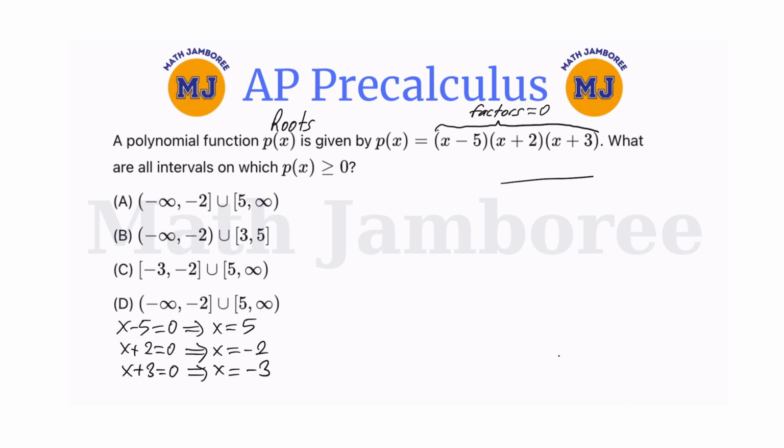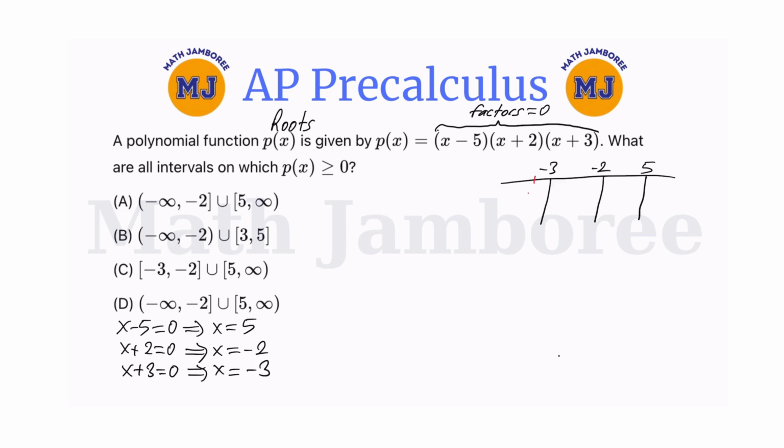So we have 3 roots. If I put them in order here, negative 3 comes first, negative 2, and 5. I'm going to use some test points.